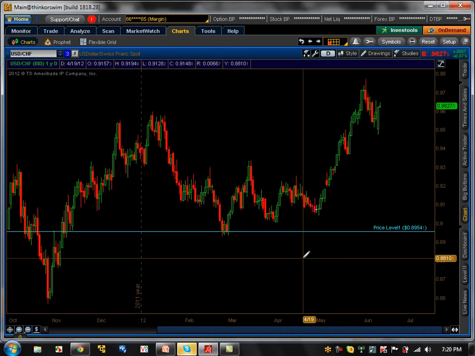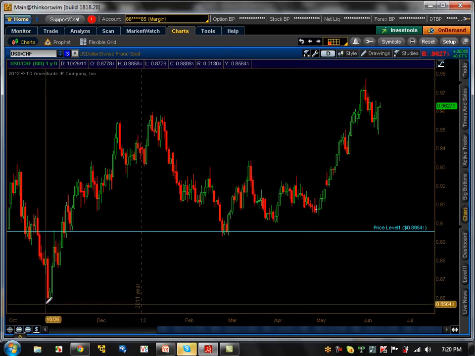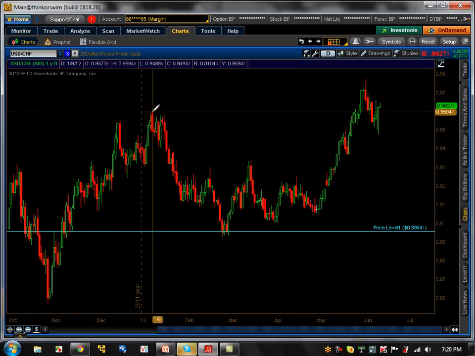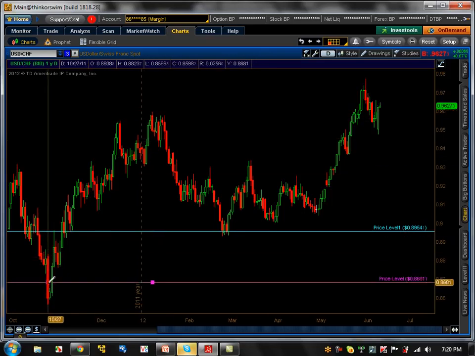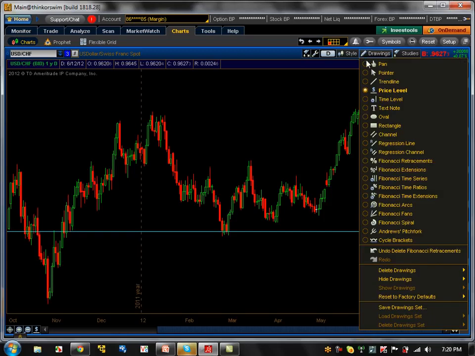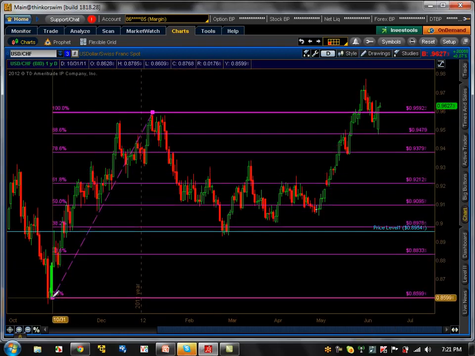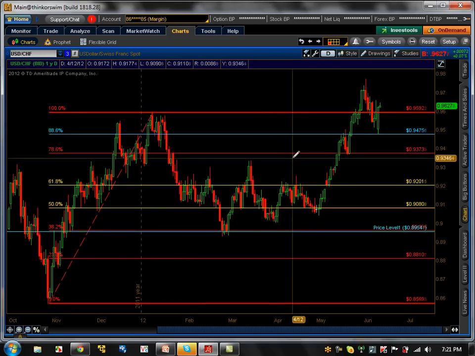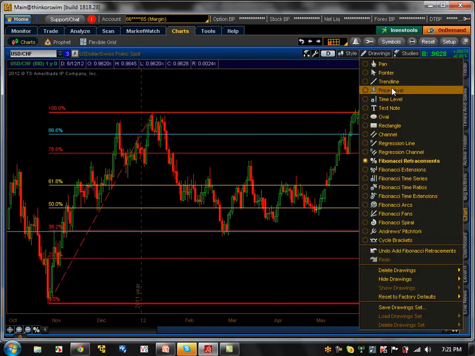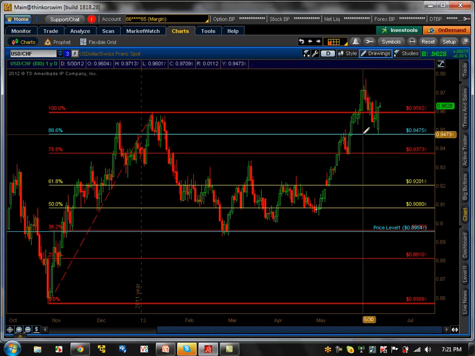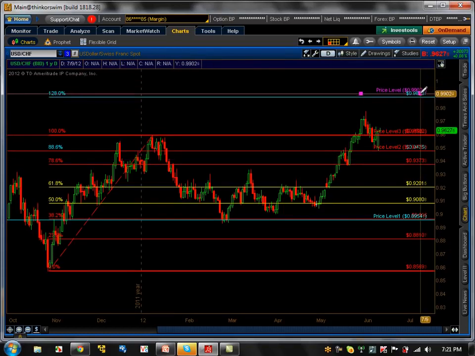Now I need to know exactly where my profit taking levels are. Before I clicked from here to here, now I'm going to click in reverse. It would help if I got my Fibonacci retracements back. If I click from here to here, now I know my levels. So I could say 88.6 is going to be one level, this is going to be another level, and this is going to be another level right there.